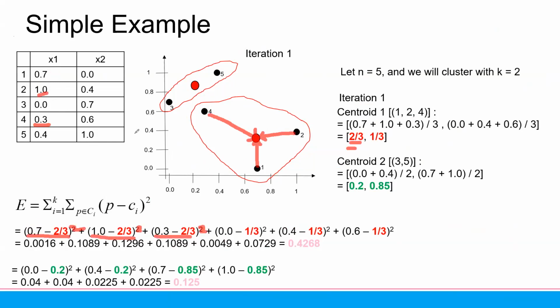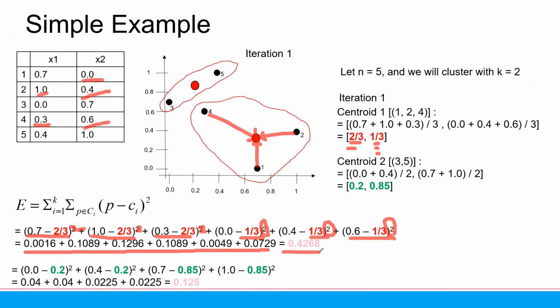And then next, we have the x2: 0 minus 1 over 3, 0.4 minus 1 over 3, and 0.6 minus 1 over 3, where 1 over 3 is the centroid. Then again we square it, and we get these values.